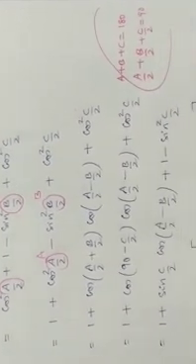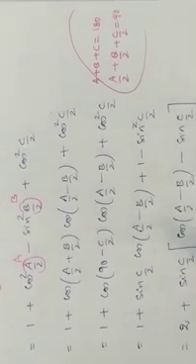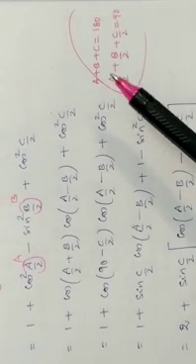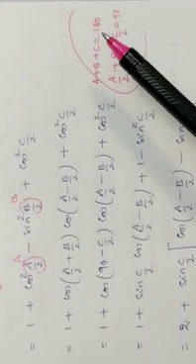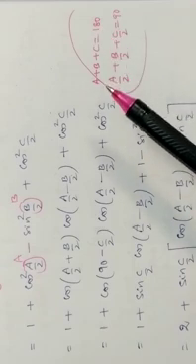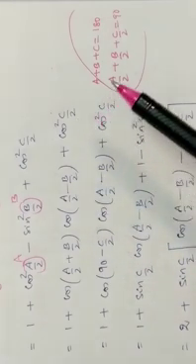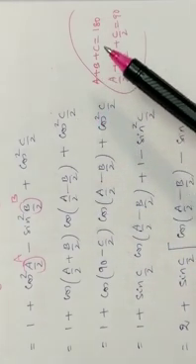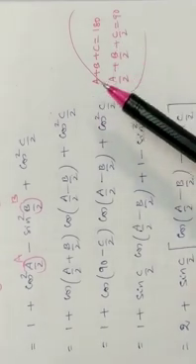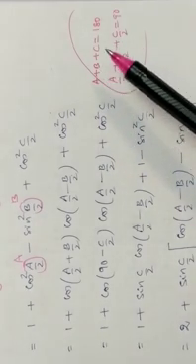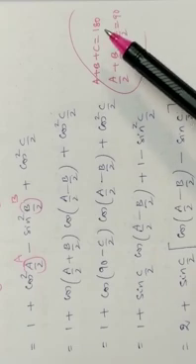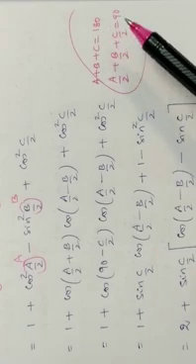Now, in the problem it is given a plus b plus c equal to 180. Pi means 180. So, as we are having a by 2, b by 2, c by 2, so take by 2 on both sides. So, a by 2 plus b by 2 plus c by 2 equal to 180 by 2 is 90.